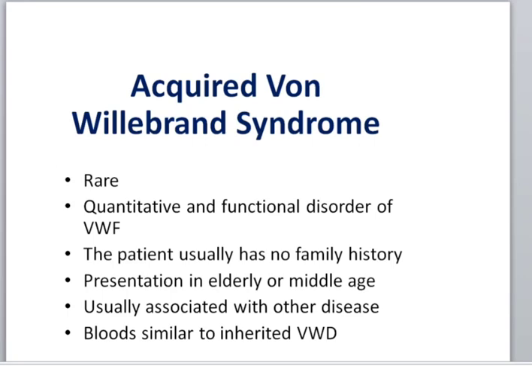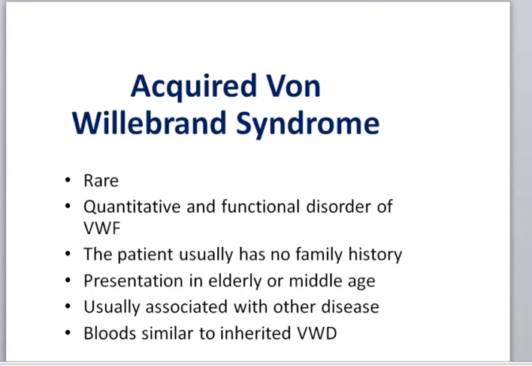A few points regarding acquired von Willebrand disease. It is indeed rare, but still you will see patients with acquired von Willebrand disease in your hospital. It can be a quantitative and functional disorder of von Willebrand factor.